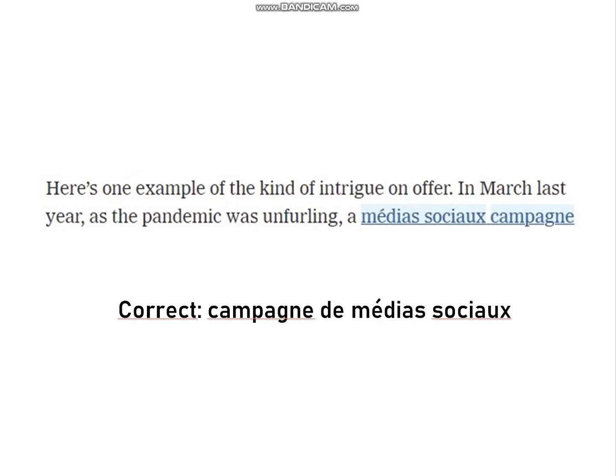So you have to put the adjective after and then join it with an article, de. Toucan is not adjusting for the grammar of the target language. So if you read this and didn't know enough French, you would think that it would be completely fine to say médias sociaux campagne instead of the correct grammar version.